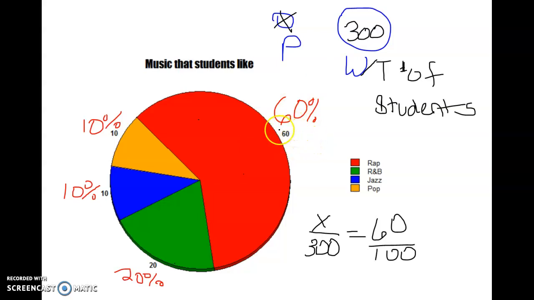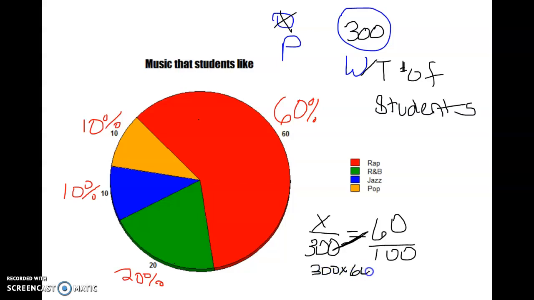Because all I know is it's 60%. That does not mean 60 students. So again, let me use my proportion to solve and determine how many students that is. Let's say I'm going to cross multiply 300 times 60.